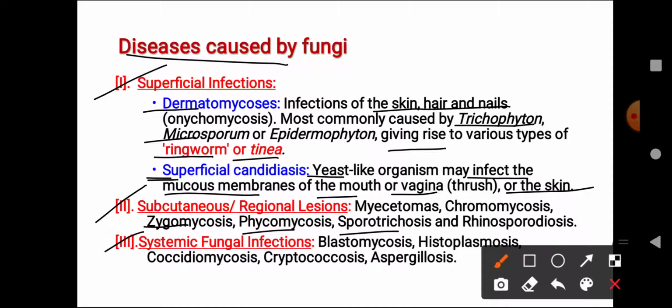Systemic fungal infections lead to histoplasmosis, coccidiomycosis, and cryptococcosis. And the most important is Aspergillus flavus, which causes aspergillosis.